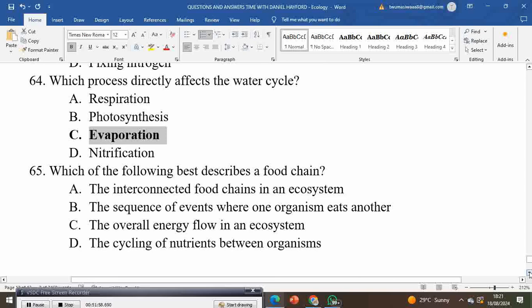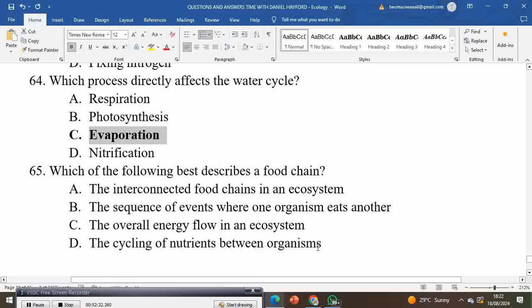Then question number 65, which is supposed to be the last question of the day. Which of the following best describes a food chain? What is your answer? A, the interconnected food chains in an ecosystem. B, the sequence of events where one organism eats another. C, the overall energy flow in an ecosystem.